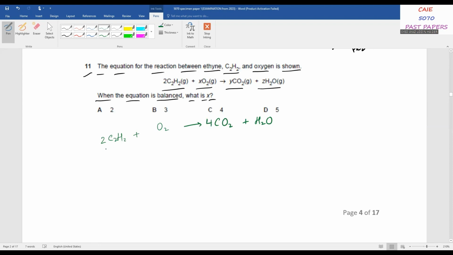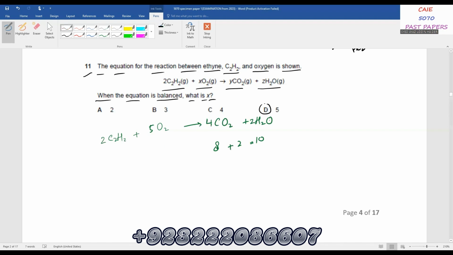Hydrogen is also 4 on the left hand side of the reaction equation. So I will write 2 here. Now let's start counting the oxygen atoms on the right hand side. 4 2s are 8 plus 2, it will be 10. So I will write 5 here. So the correct answer for this question should be D.